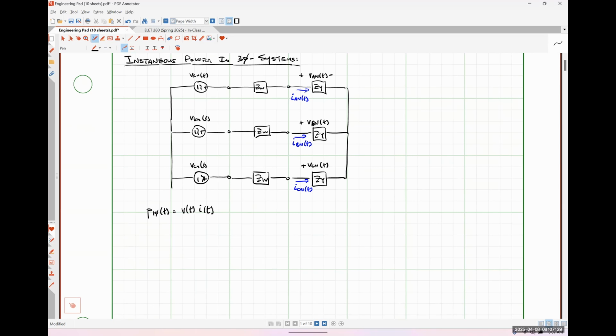And then we wound up getting a relationship that looked something like 1/2 VM IM cosine theta V minus theta I plus 1/2 VM IM cosine twice omega t plus theta V plus theta I.